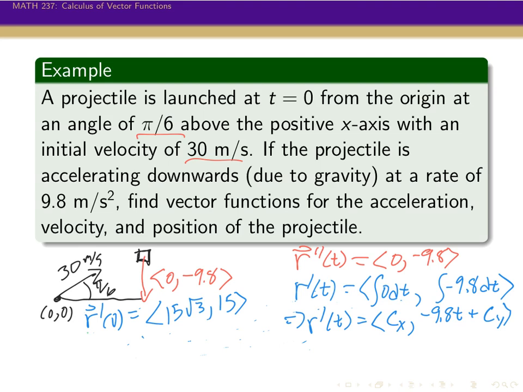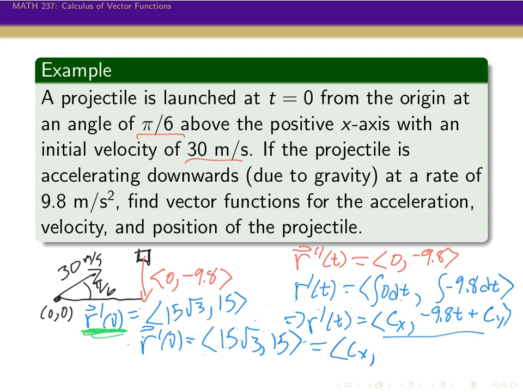Well, same as doing in Calc 1. I know what I want the value to be at 0. So if I plug 0 in for t here and set these two equal to each other, I have r prime of 0 on the one hand is 15 square root of 3 comma 15. On the other hand, coming from over here, it's cx comma minus 9.8t plus cy.